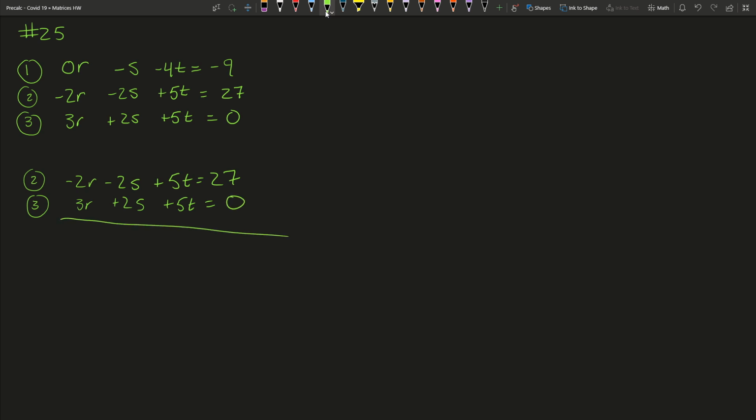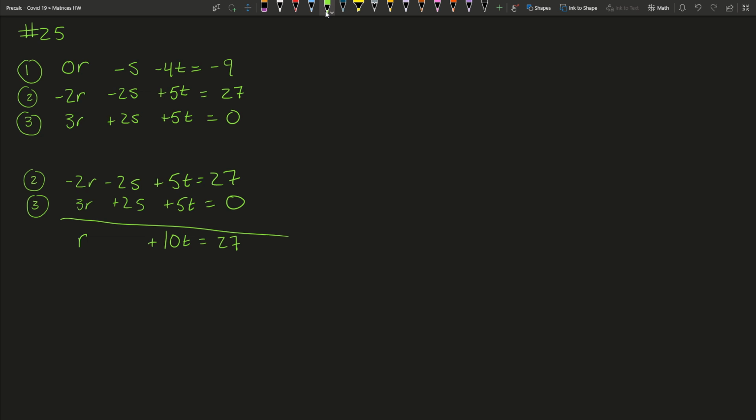So negative 2r plus 3r, that's just r. These s's cancel. And then 5t plus 5t is 10t. And 27 plus 0 is 27.